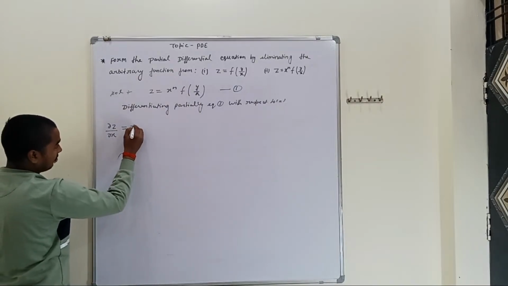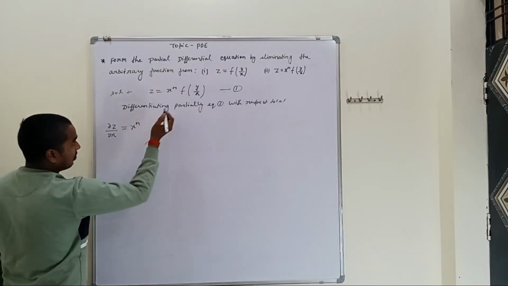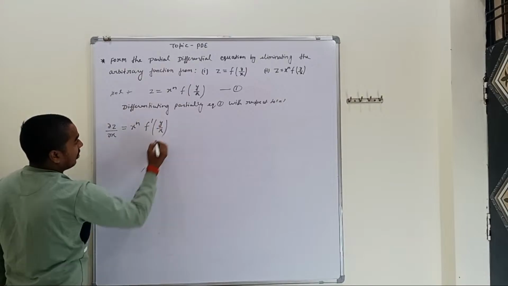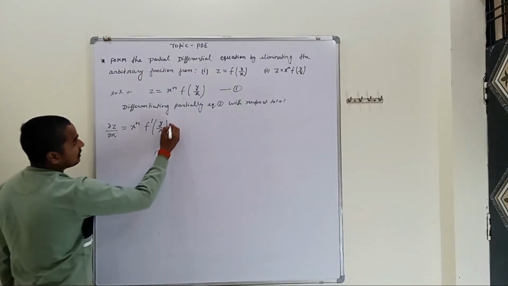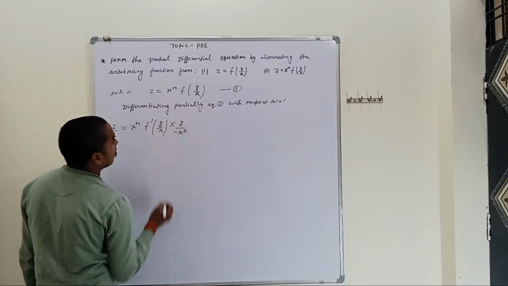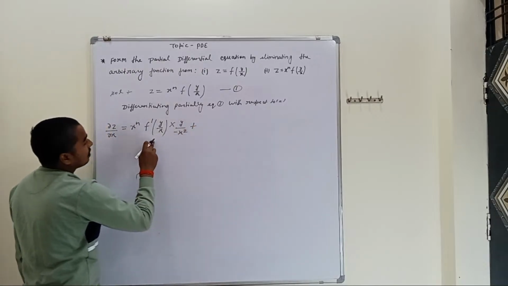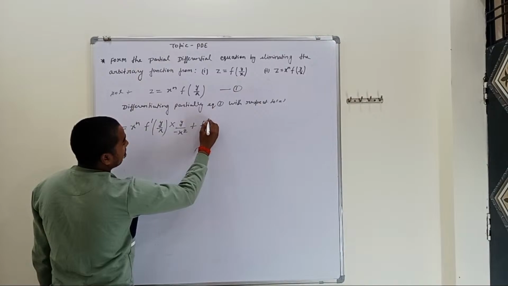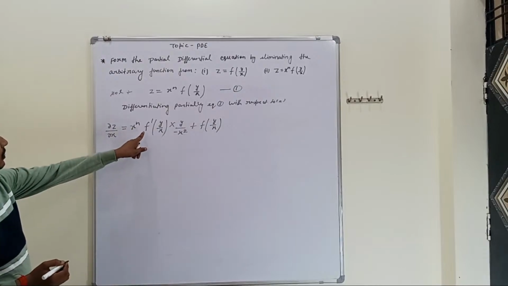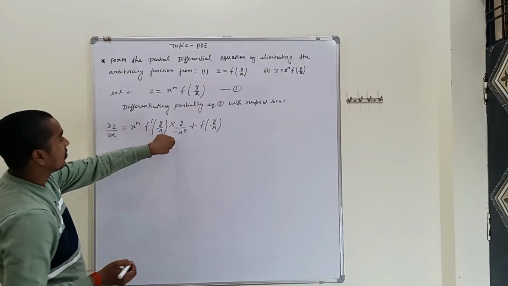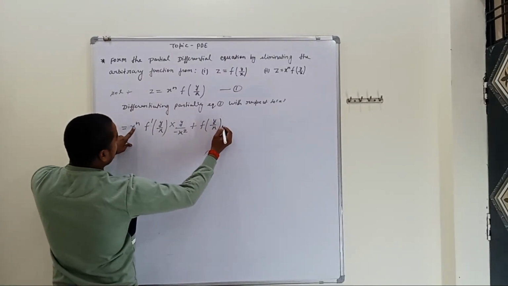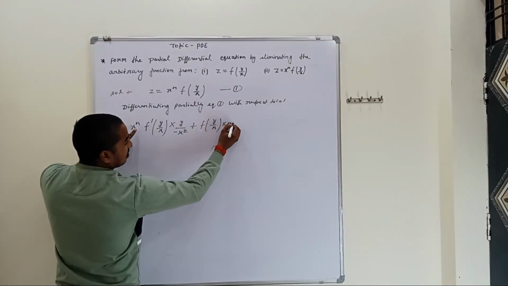That is, first function times the differentiation of the second function, f dash of y by x, and the differentiation of y by x, that is y upon minus x square, plus the second function f of y by x times the differentiation of the first function, that is n x to the power n minus 1.